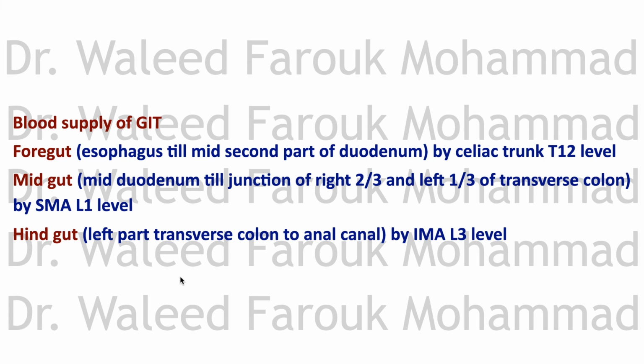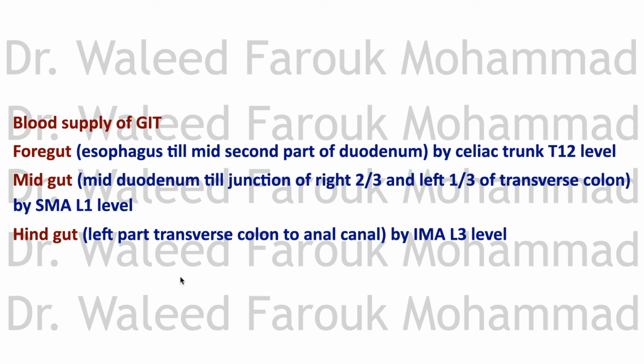Now, from the middle of the second part of the duodenum down, through the duodenum, jejunum, ileum, cecum, ascending colon, and the right 2/3 of the transverse colon, all take from the superior mesenteric artery, as we studied before in the blood supply of the colon and small intestine. From the junction of the right 2/3 and left 1/3 of the transverse colon, left colic flexure, descending colon, sigmoid colon down till the rectum.